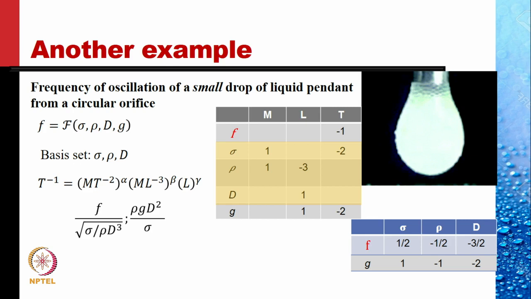The dependent dimensionless group f divided by under root sigma divided by rho d cube, which is sigma raised to power 1/2, rho raised to power minus 1/2, and d raised to power minus 3 by 2. The independent group of parameters is rho g d square by sigma. And therefore, the functional relationship is simply this: f divided by under the root sigma divided by rho d cube is equal to function of rho g d square by sigma.